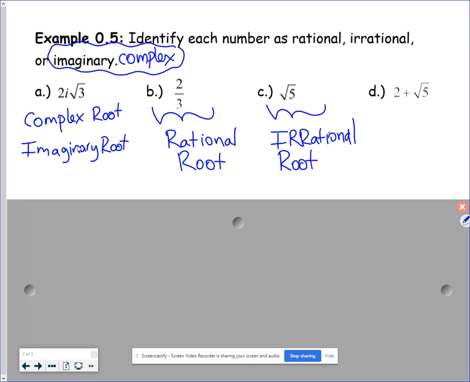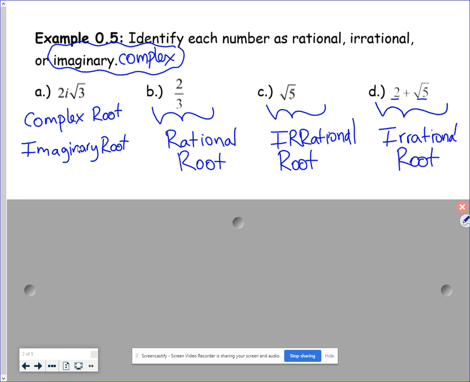And then the last one, we got 2 plus the square root of 5. Well, 2 is an integer, and the square root of 5 is what we just saw on C. That's irrational. Whenever you have an irrational number involved at all, as long as you don't have i involved, it's going to be irrational. So D is an irrational root as well.